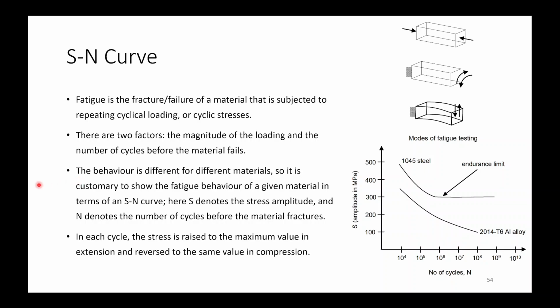The behavior is different for different materials, so it is customary to show the fatigue behavior of a given material in terms of an SN curve. Here S denotes the stress amplitude and N denotes the number of cycles before the material fractures. In each cycle, the stress is raised to a maximum value in extension and reversed to the same value in compression.